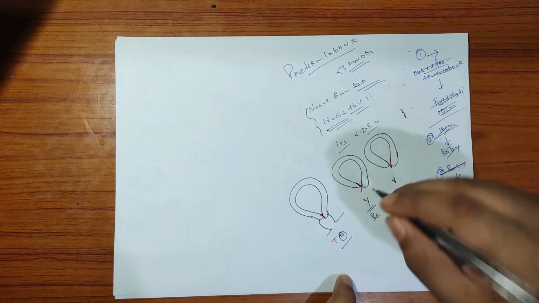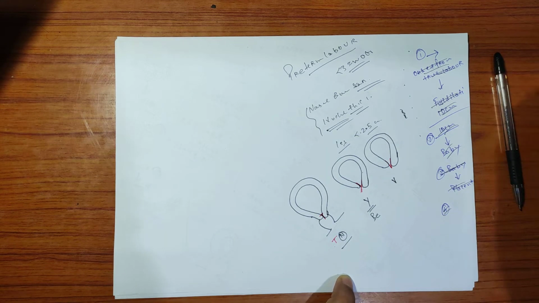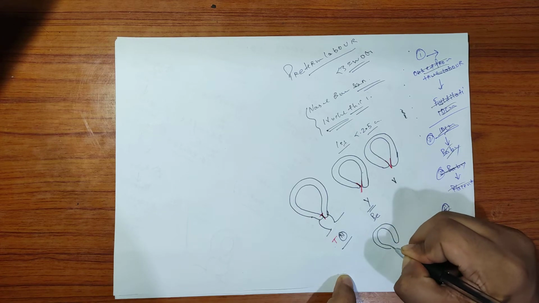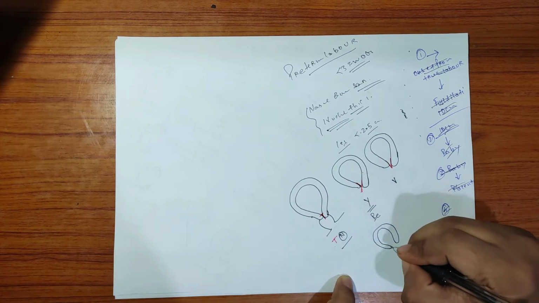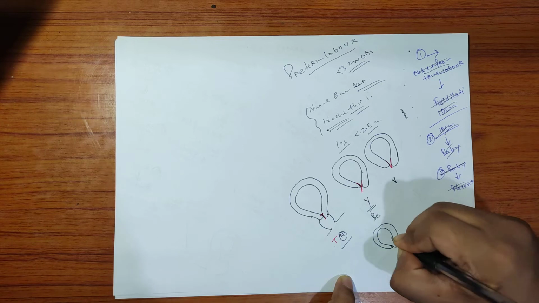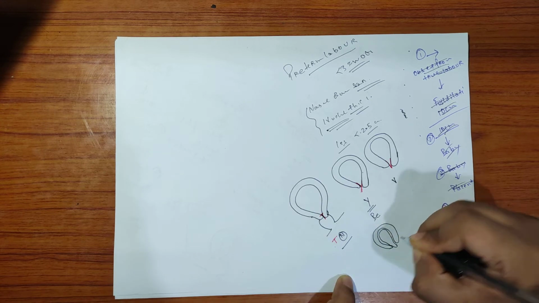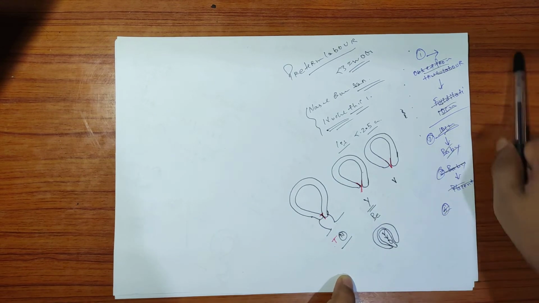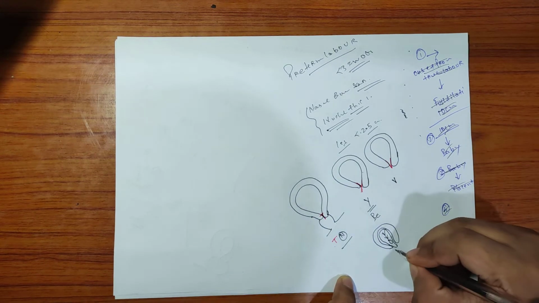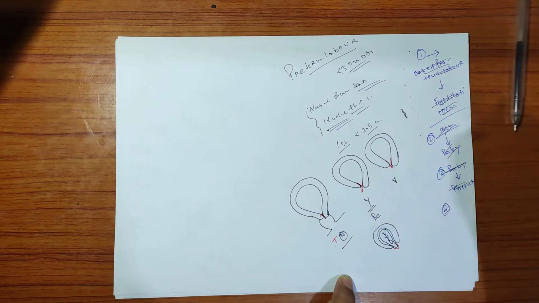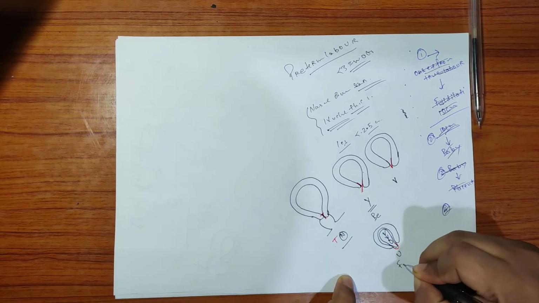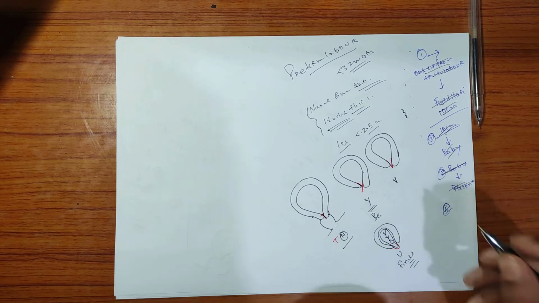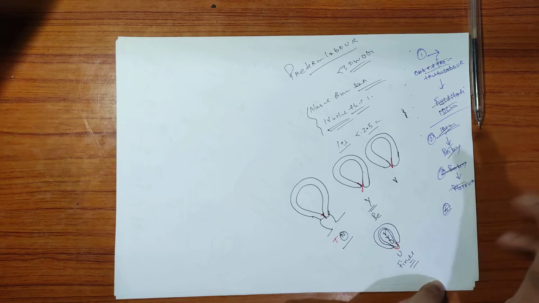And the final one, the worst of the worst, is where the bag of membranes also comes out, so it becomes a U shape. This is the final problem. So this is how you can identify by the shape of the cervix.